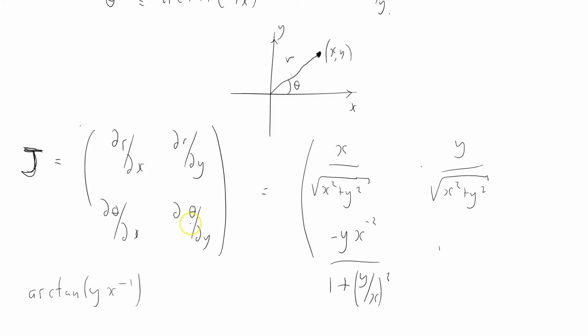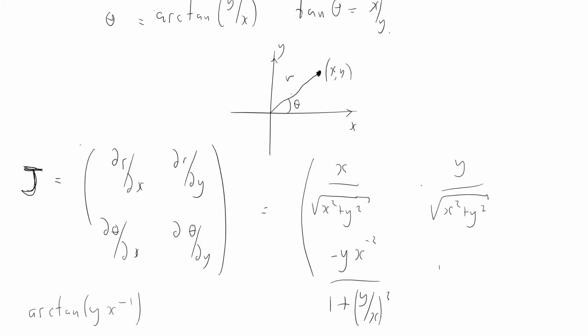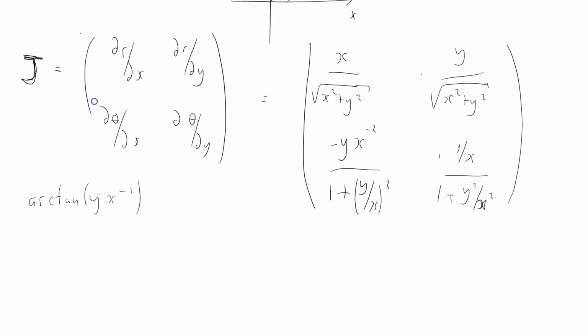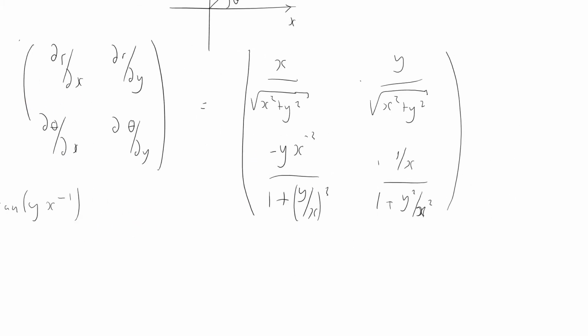And this one here is partial theta partial y: 1 over x over 1 plus y squared over x squared. And that's my matrix. It looks a bit of a mess. Well, it is what it is.